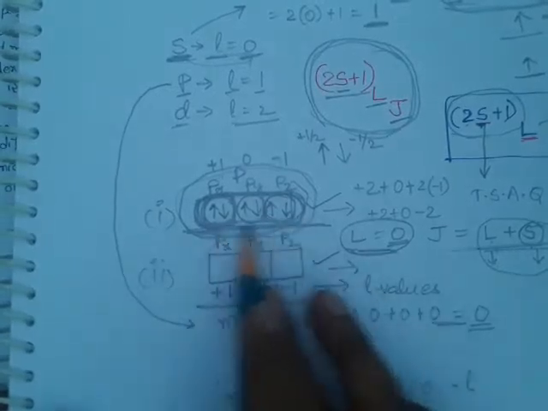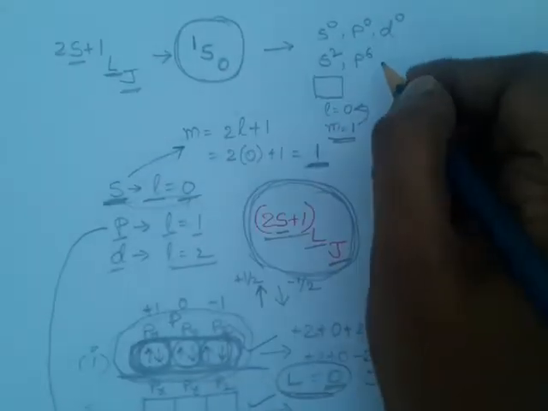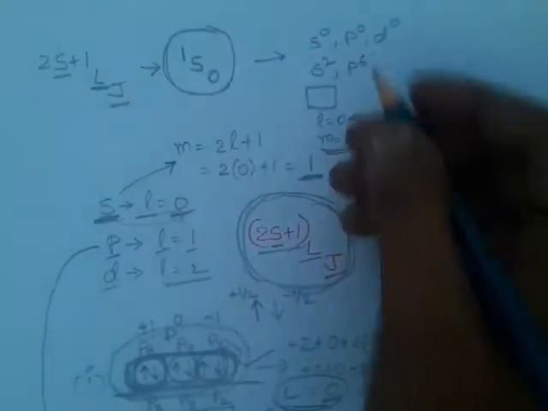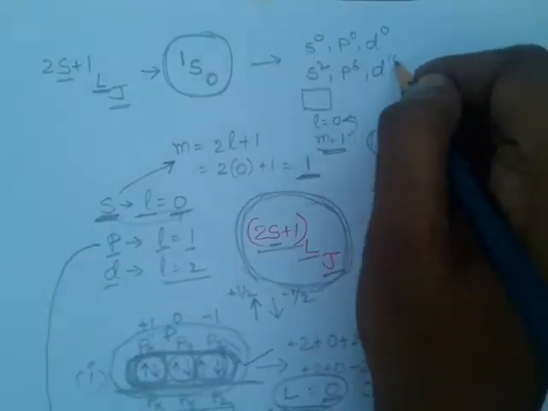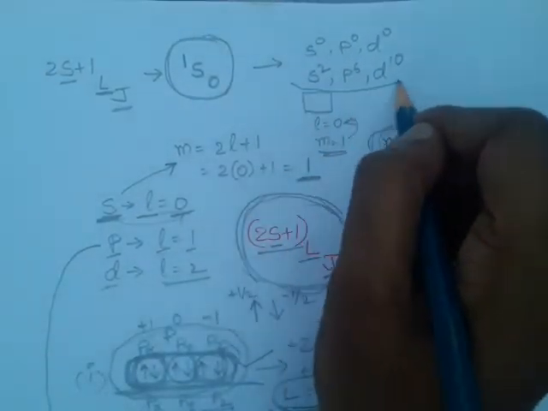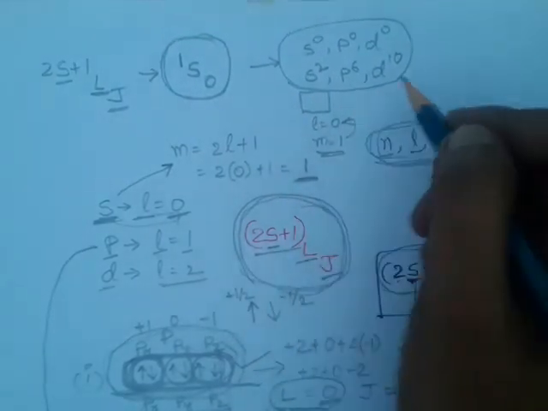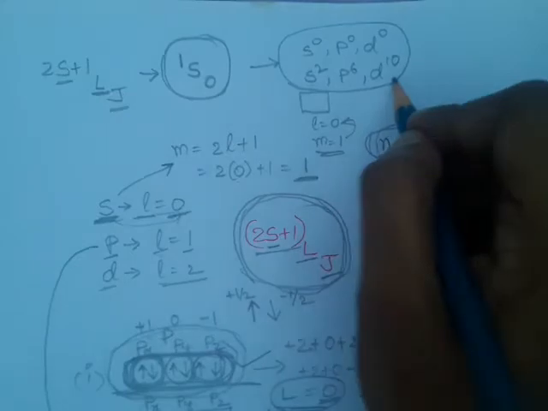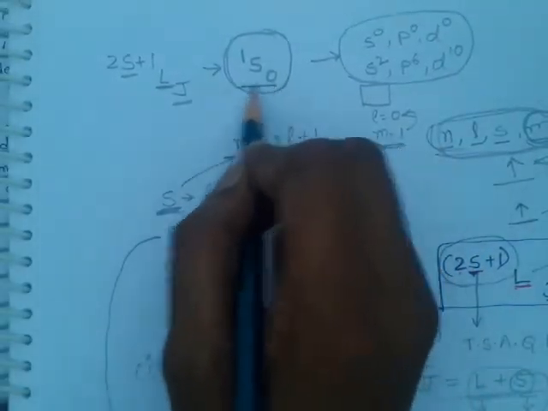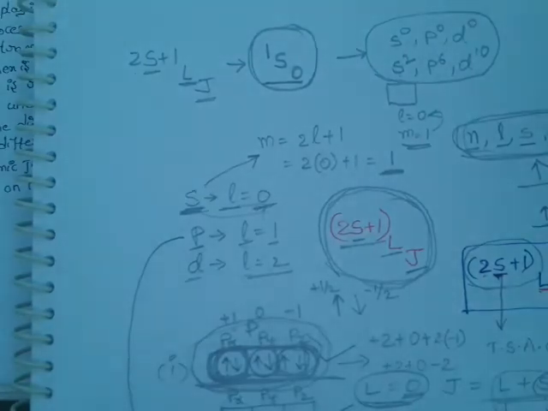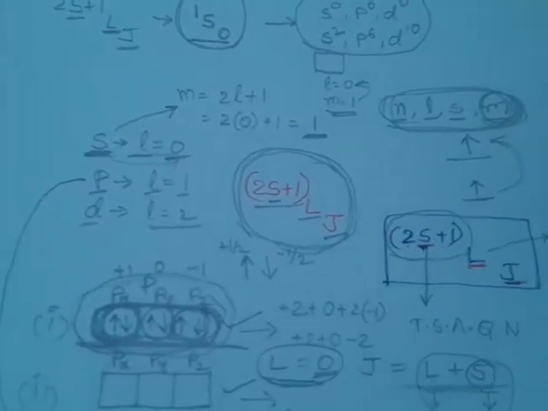P orbital completely filled means 6 electrons are there. D orbital completely filled means 10 electrons, 2 in each of the 5 orbitals. For s2, p6, d10 orbitals, the term symbol is denoted by 1s0. Any confusion with this?